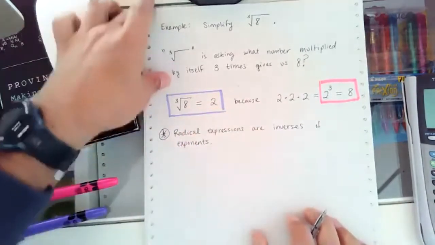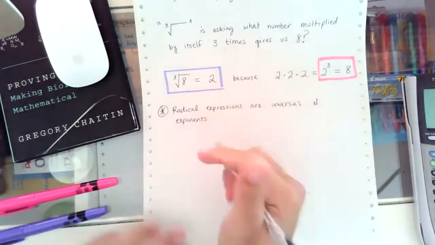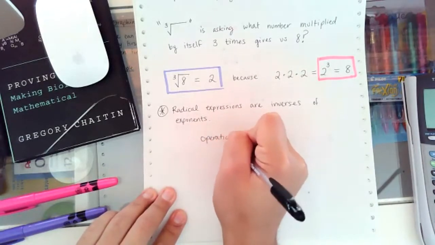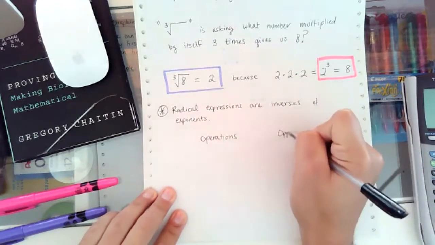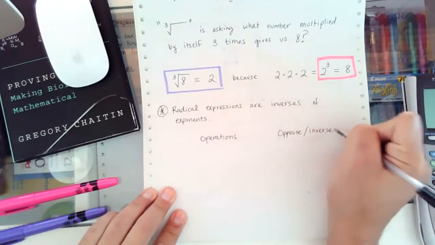So I think I've done this with you guys in the past, before spring break. And that is that in math, you have all these operations, and then every operation has an opposite or an inverse operation.